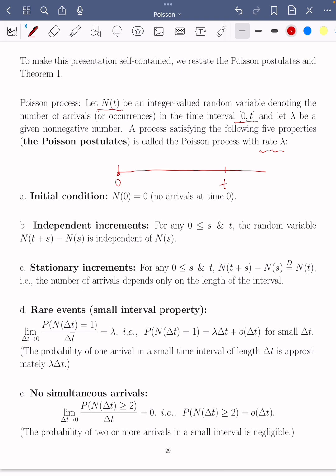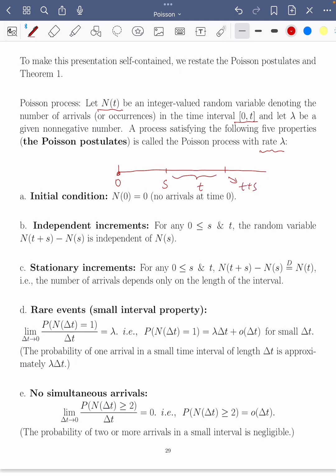And also we have independent increments, which says that we have a number s here, and this length is t, so this point will be t plus s.